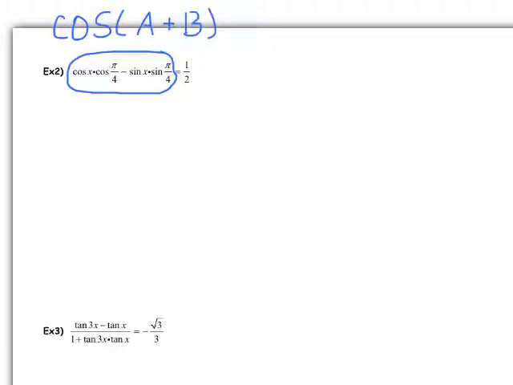So if you didn't find that, go ahead and look at it now, see why it matches up. And I know that my x is my A because that's the first thing here, and my B is pi over 4. So this is going to be cosine of x plus pi over 4 equals 1/2.